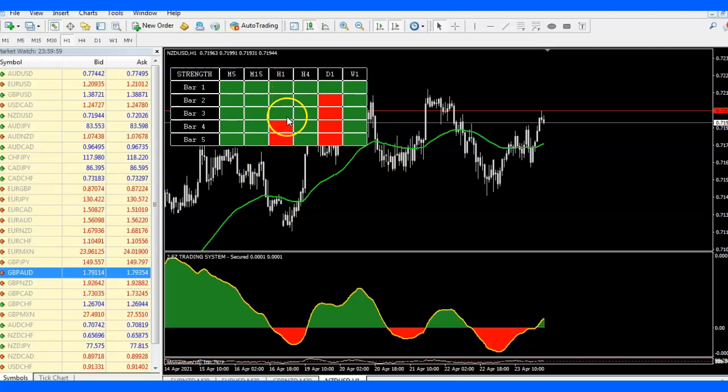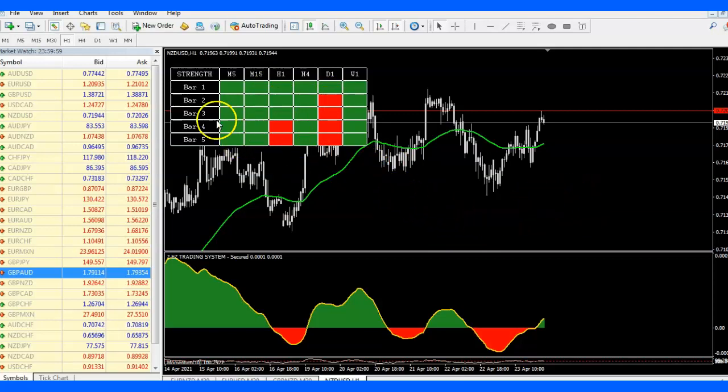It normally starts in the minor time frames, and then starts spreading into the bigger time frames, because that's the way all reversals happen. They start in the minor time frames, and then they start polluting all the bars going higher. That's the way the moves happen.